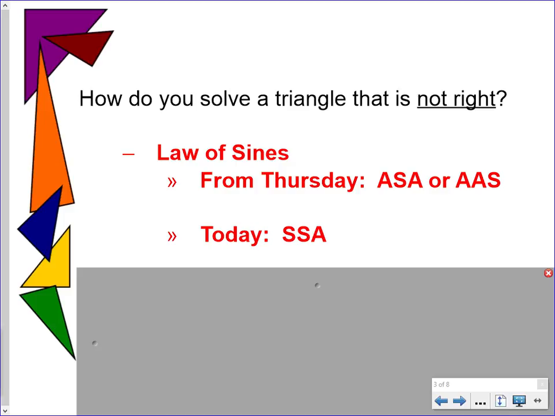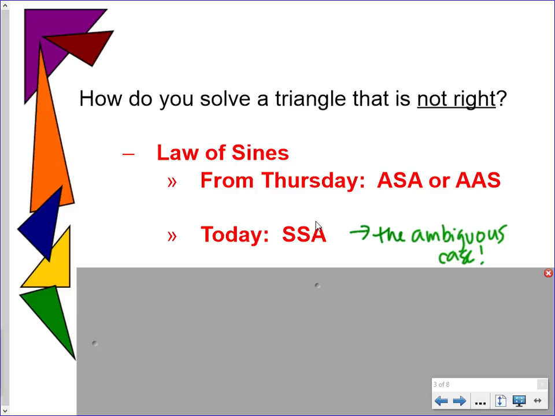To have side-side-angle, that's not enough information. And so you never really worked with anything that was side-side-angle before. What we're going to say today is, if you're given this bit of information, side-side-angle, this is going to be the ambiguous case.